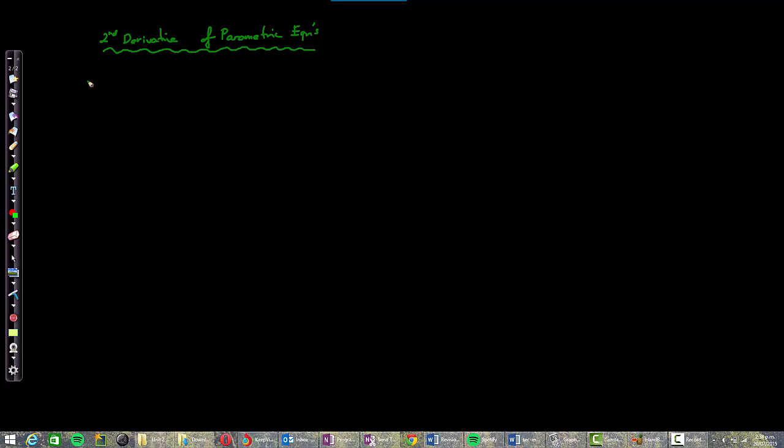Well, we're going to use Leibniz's form here. Now, in Leibniz's form, dy over dx is the same as what we're saying is the first derivative. Now Leibniz's form of the second derivative is d squared y over dx squared, and this means the second derivative.